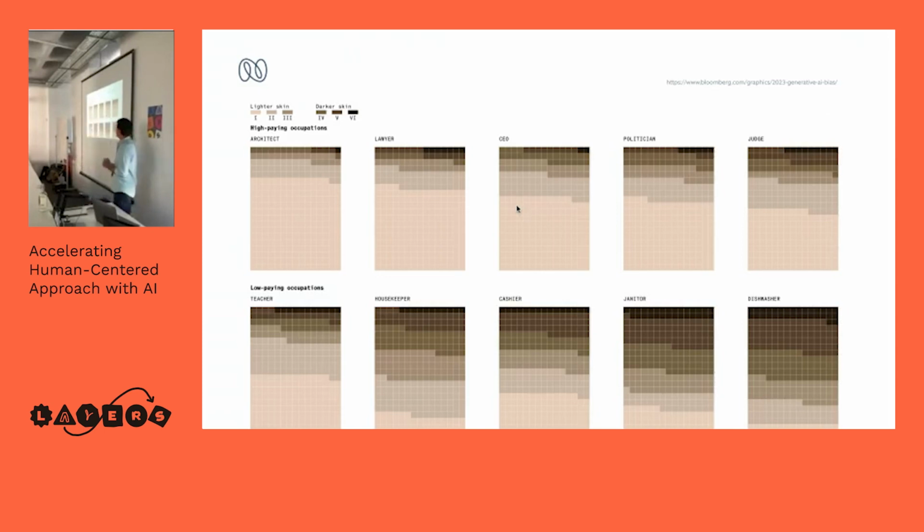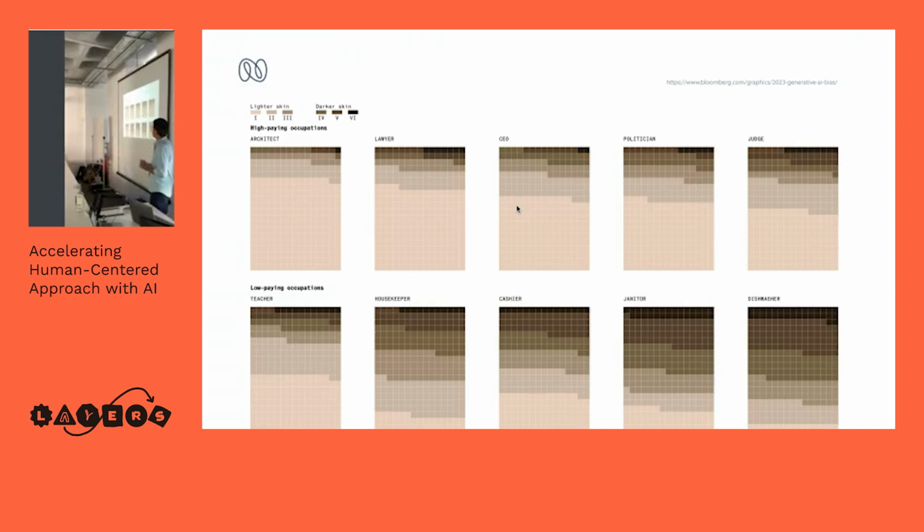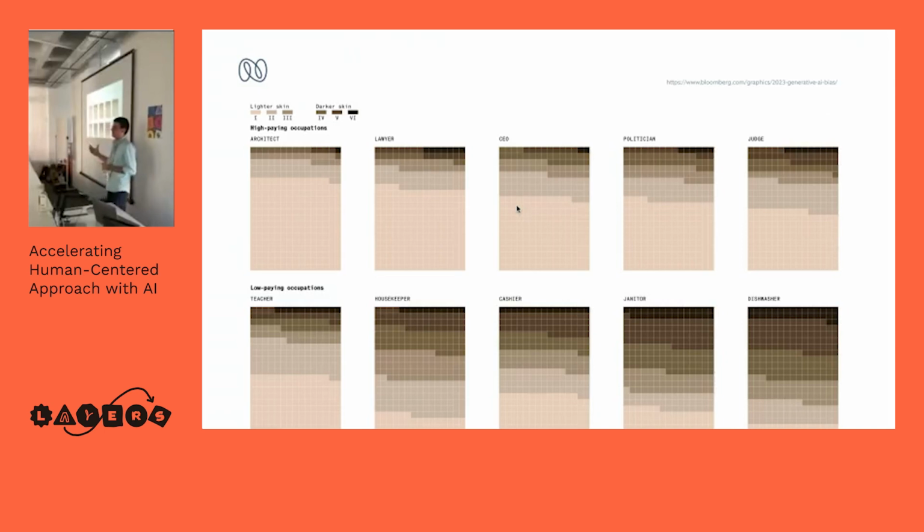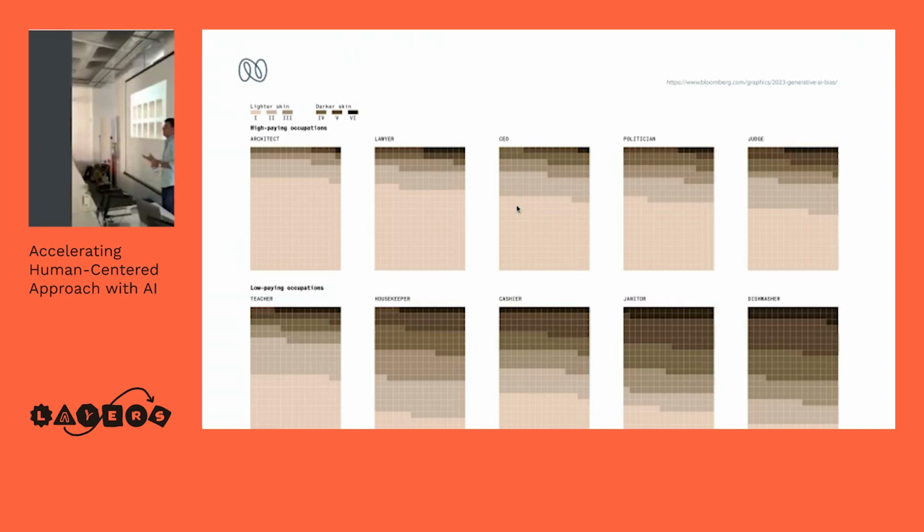So here's a study done with one of the most famous generative tools out there, and it was asked, hey, show me images of people with the most high paying jobs. And if we look at politicians or judges or CEOs, it indexes a lot on people with lighter skin.